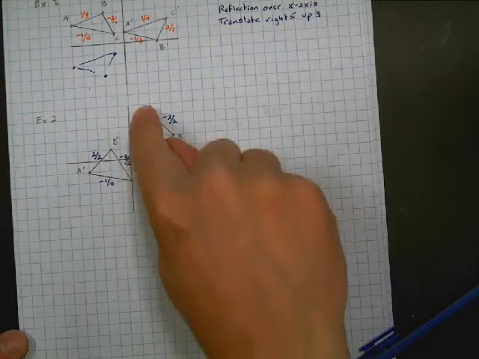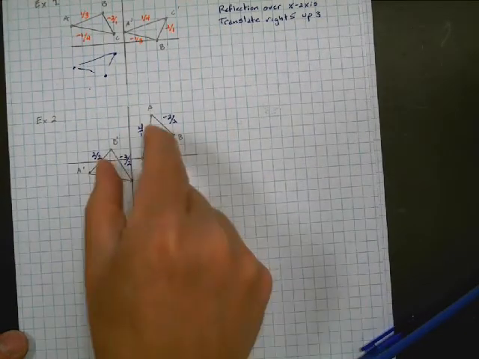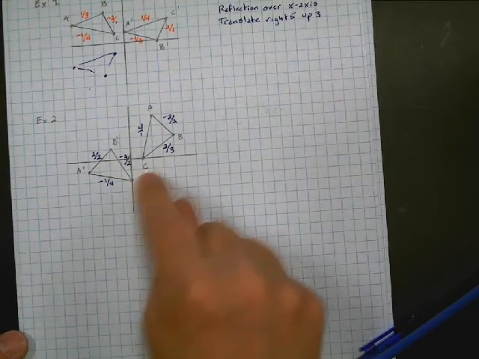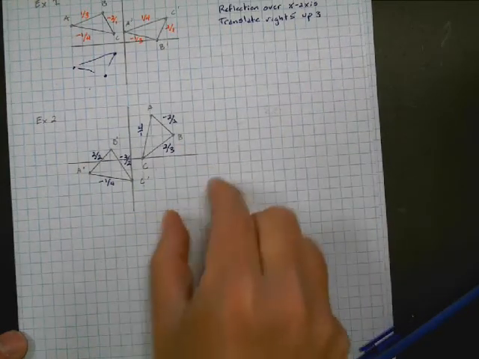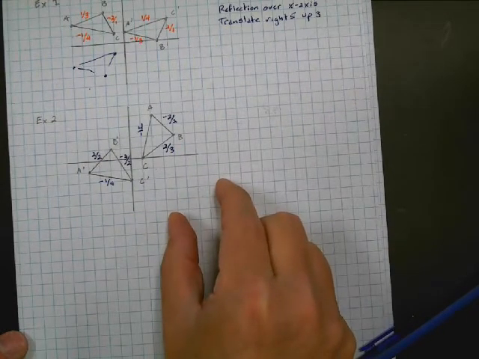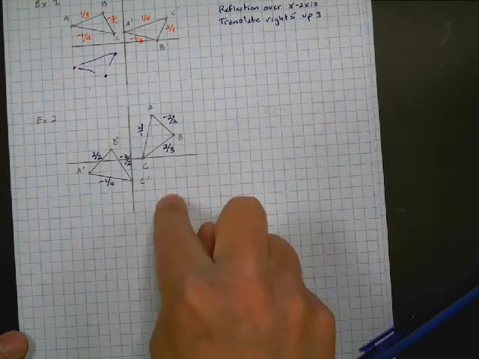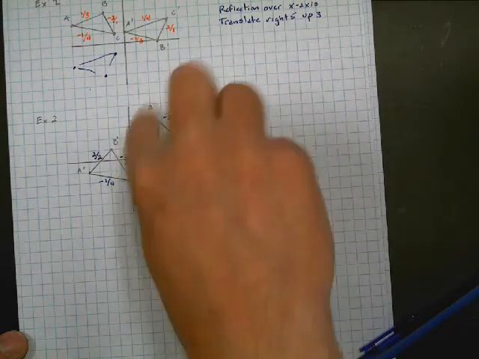Well, if I move this one down here, the A and B will be over here and not on this side. So we want the A and B up on this part of it because A and B is up on top. But if I go down this way, A and B is going to be on the bottom of the triangle. So I don't want to go 90 degrees clockwise or 270 degrees counterclockwise. I don't want to go that direction.